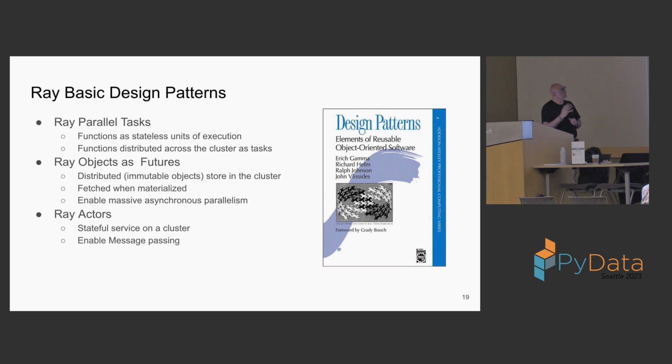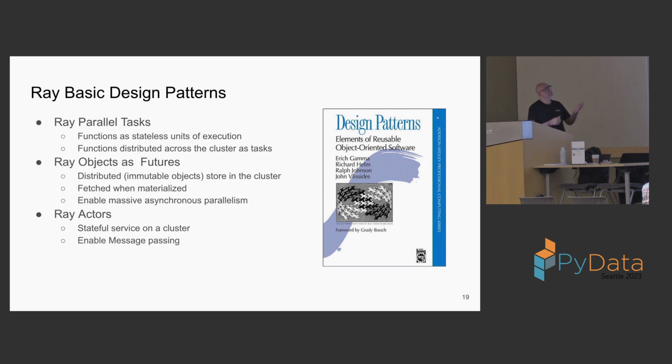The second thing I talked about is Ray objects as futures. Futures are something that you have probably come across if you're using Scala, or today's Python. Futures are something that materialize later down the time of your application, and they can be fetched when they actually materialize. Those are normally blocking calls.